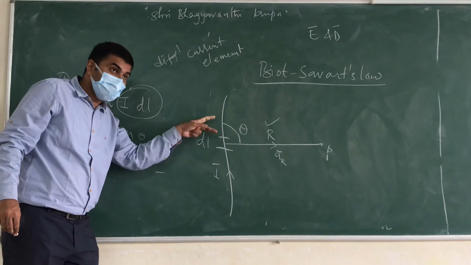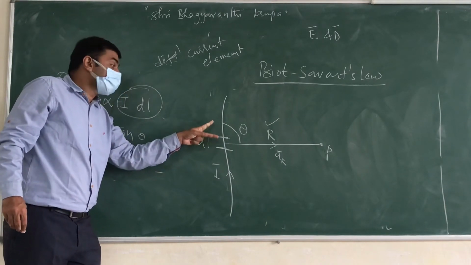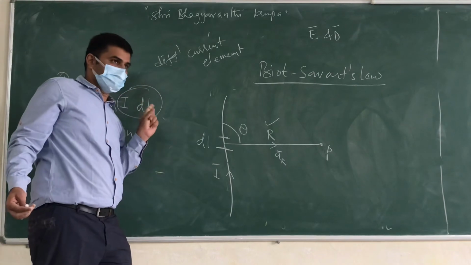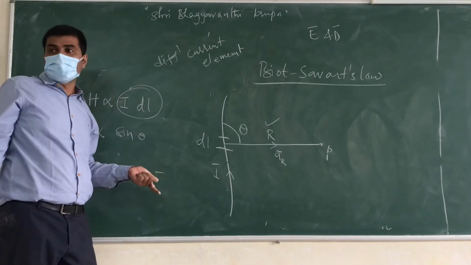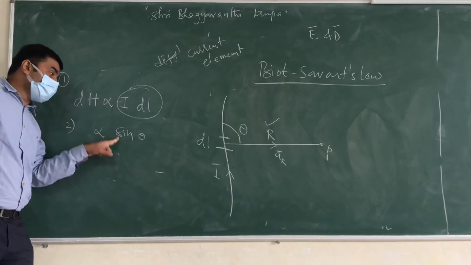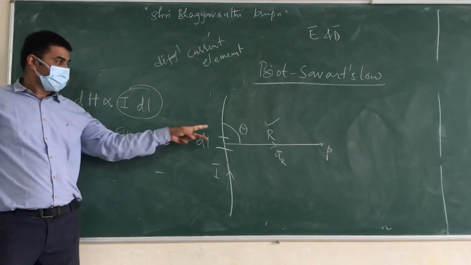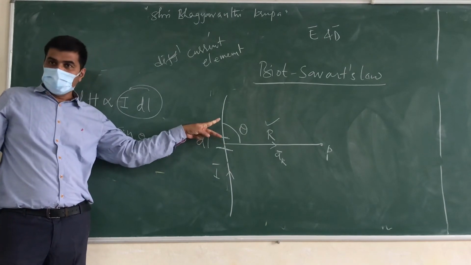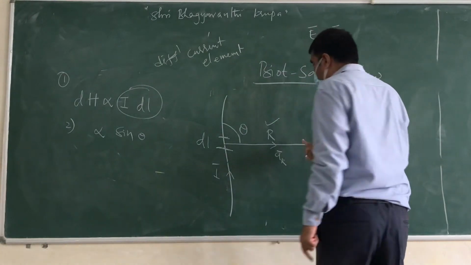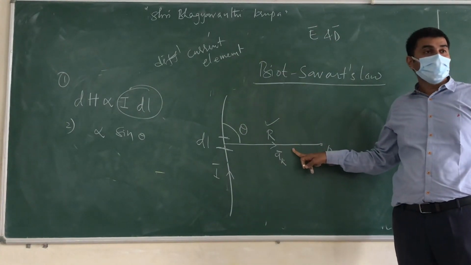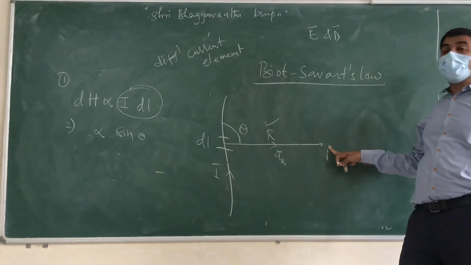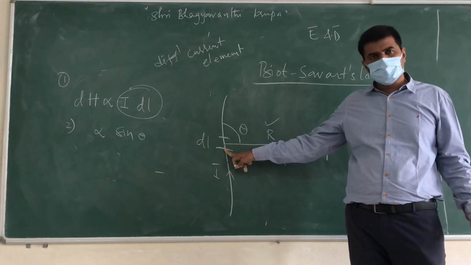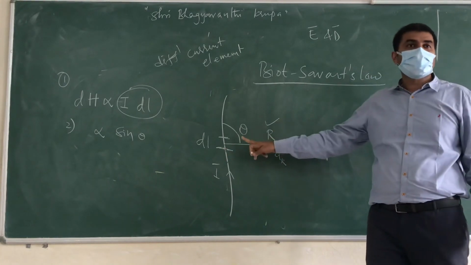This is a differential element. Proportional to the sine of the angle between the differential element and the line joining point P and the differential element. You can write dl, not an issue.